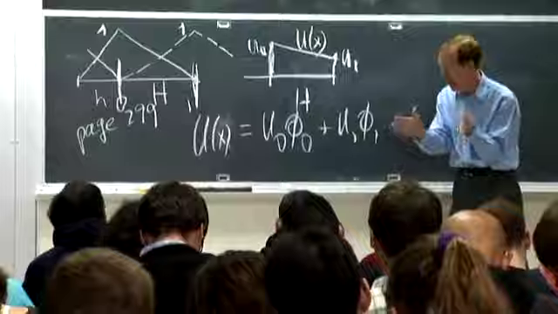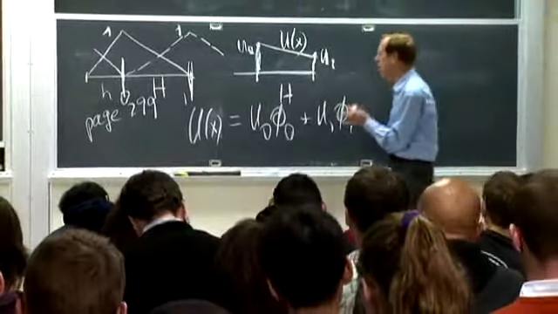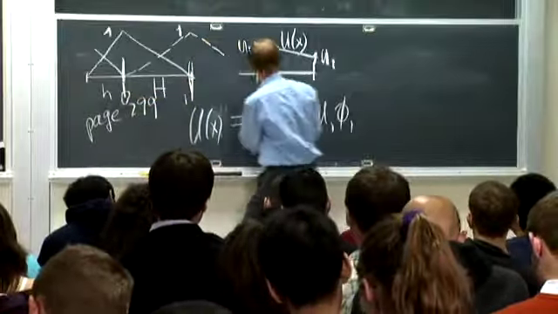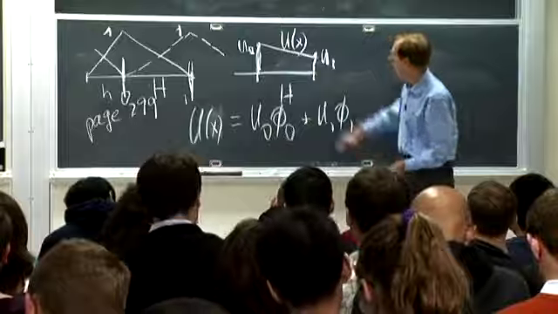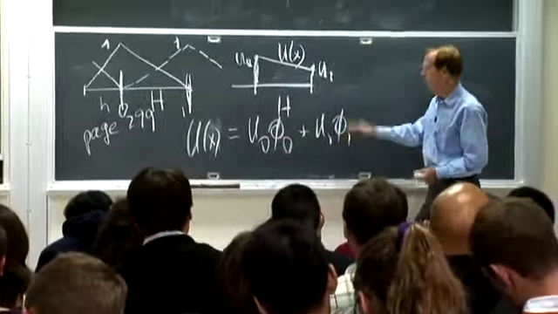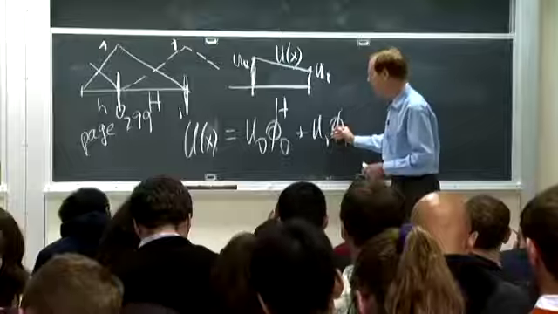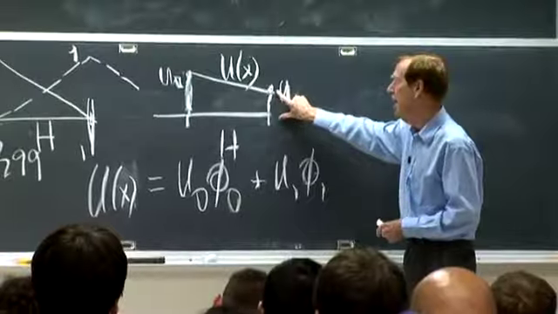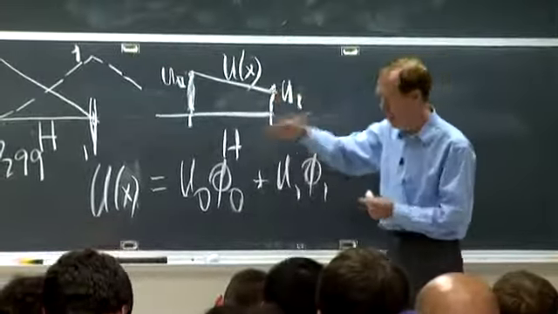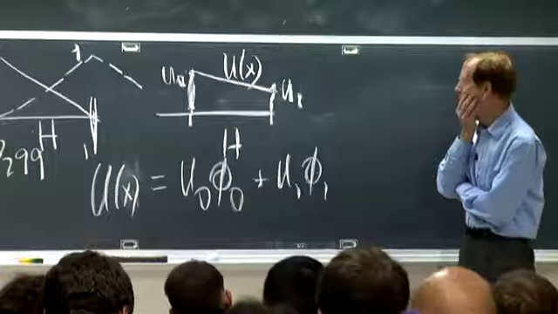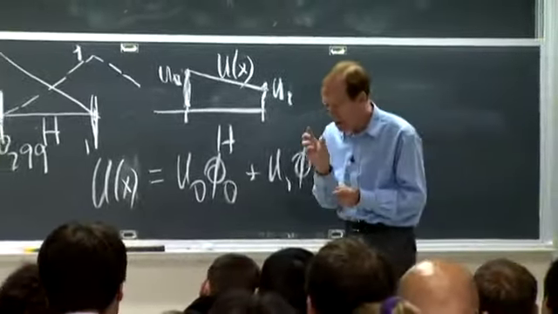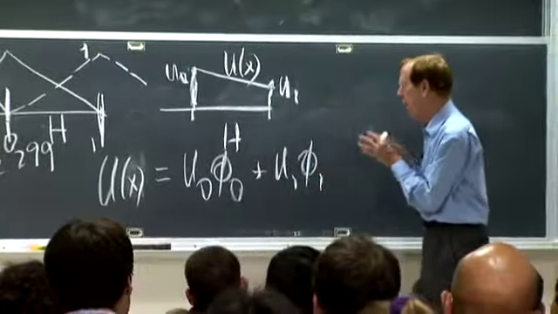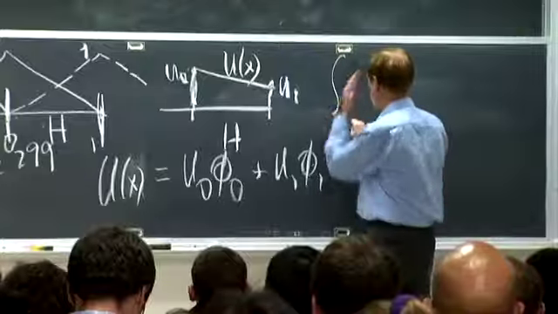I'm focusing inside one element, one interval. I've numbered them 0 to 1, but of course that distance is h. So there's my function. Everybody agrees that this combination starts out right, ends up right at height u1, and it's linear, so that's got to be right. So what's the contribution from that element?